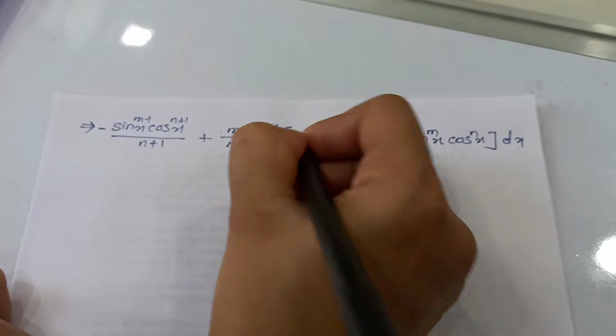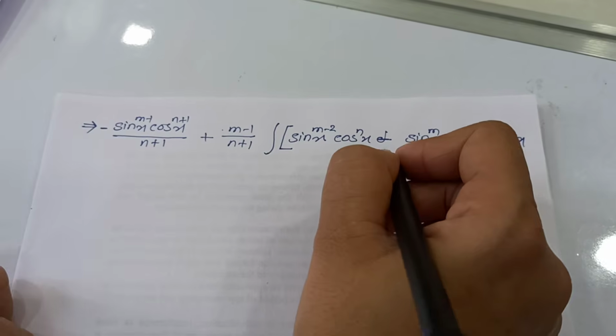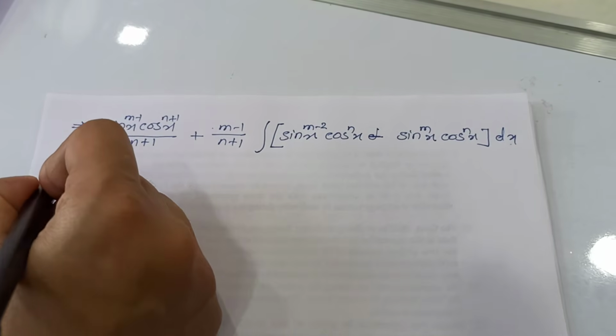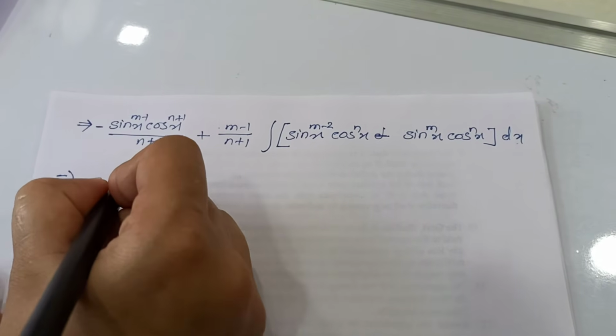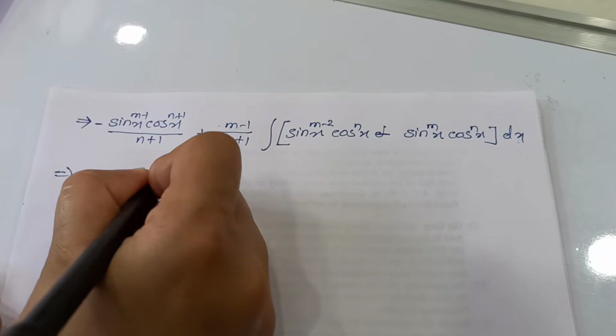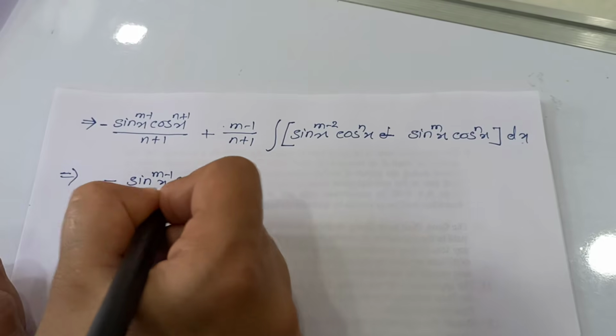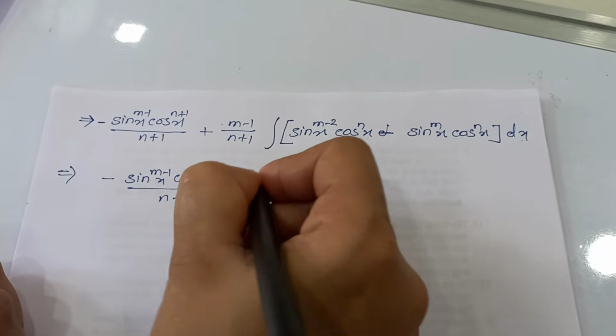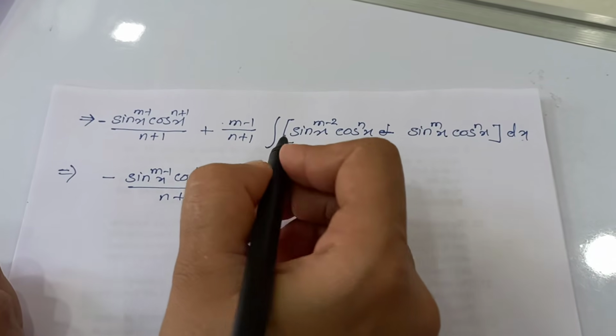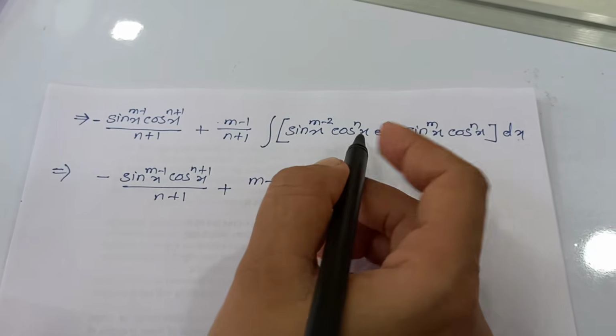So what we have done is, you just open the bracket first, and then in the next step you separate the integration sign. So here we have sin raised to m minus 1x cos raised to n plus 1x upon n plus 1 plus, now you just separate the integration sign.